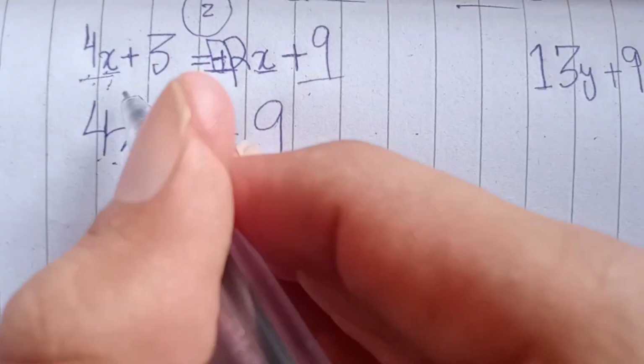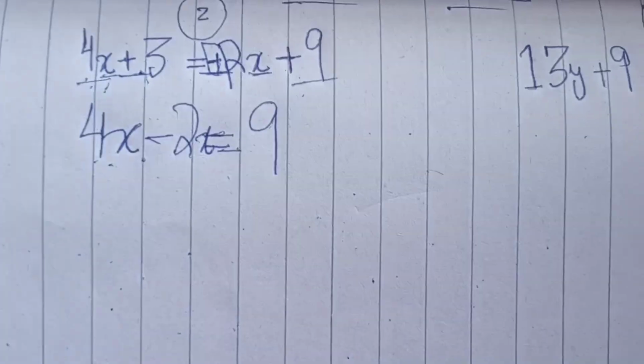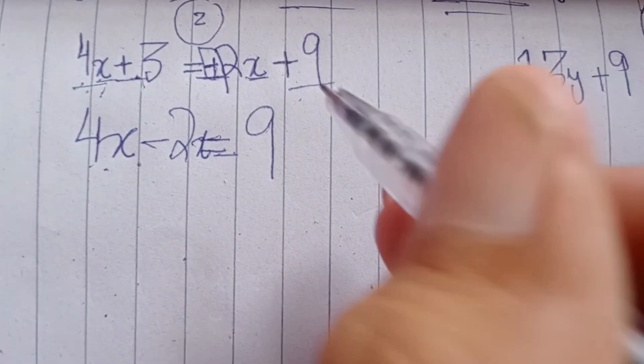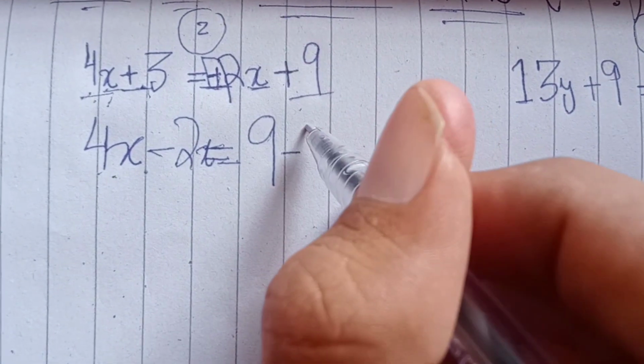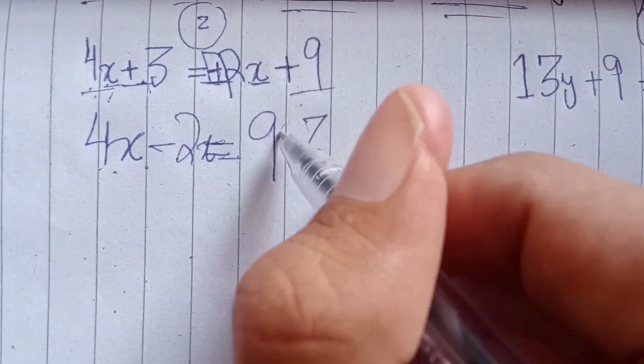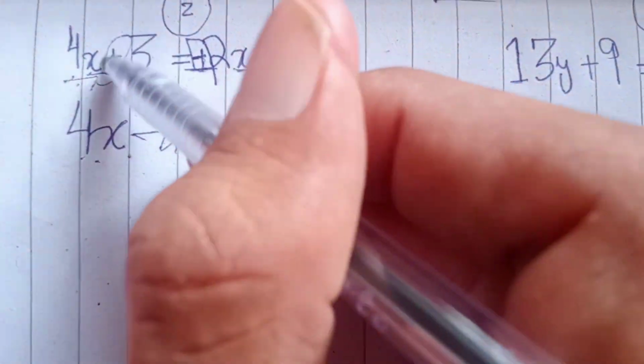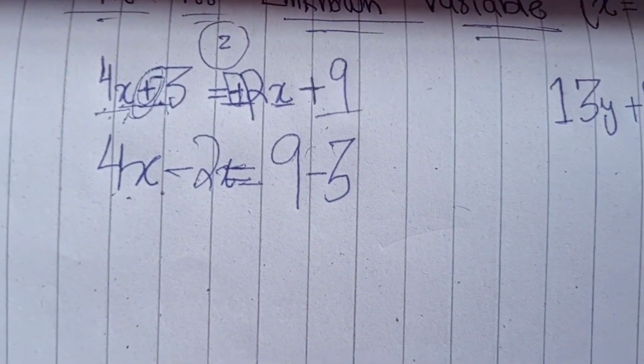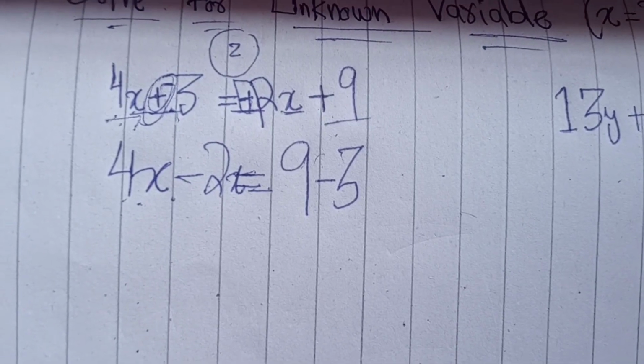Now this plus 3 was ignored on the left side, so I will write it on the right hand side with the negative sign, as I mentioned that plus and minus signs are replaced with each other when we move to the other side.